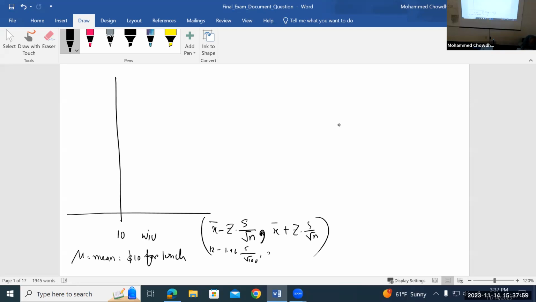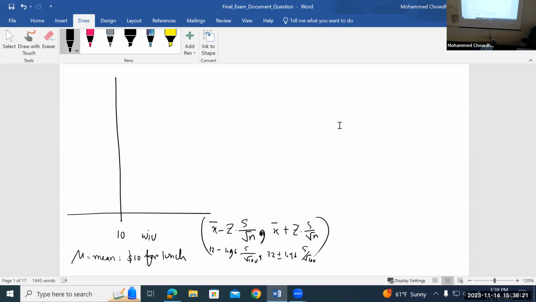Again, $12 is her mean, 1.96, and then 5 over square root of 100. This is the way she found the interval.